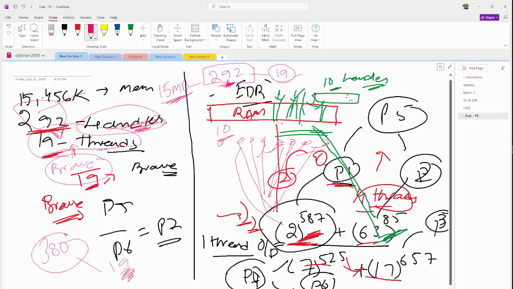One rider is handling 20 horses and he is riding them. Like that, the 19 threads are handling it. This is how it is being handled here.